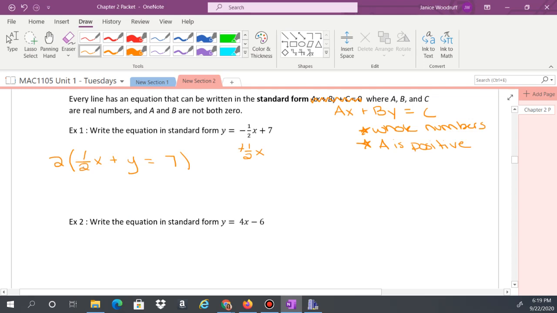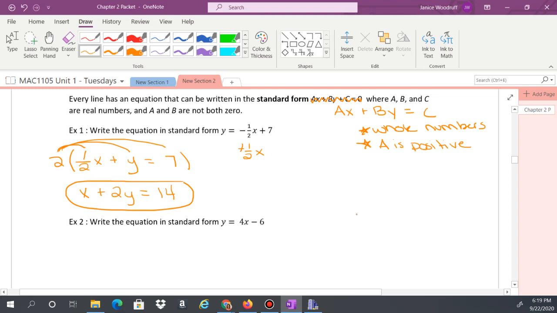It's already positive, so I don't have to worry about that. If it were negative, I would multiply by a -2 to make that term positive. So then I would distribute. 2 times 1/2 is just 1x. 2 times y would be 2y. And 2 times 7, 14. So x plus 2y equals 14. Now I'm in standard form.